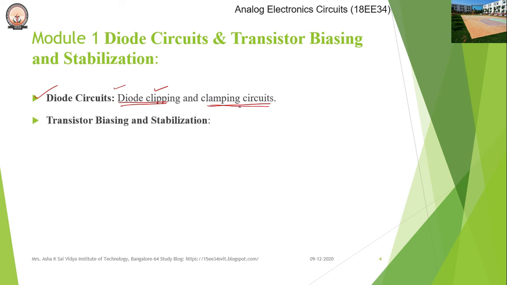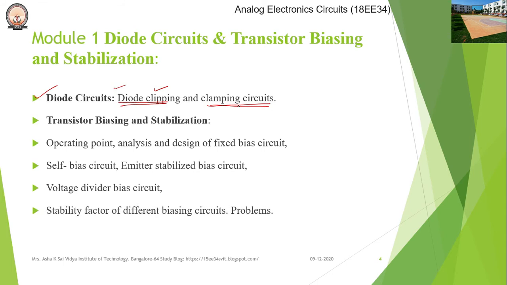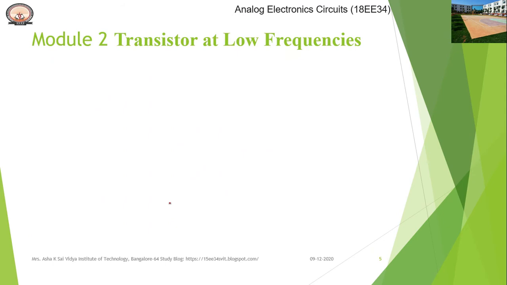In transistor biasing stabilization, we have analysis and design of different biasing concepts such as fixed bias, self bias, emitter stabilized bias, voltage divider bias, stability factor of different biasing circuits, and we also discuss certain problems related to the transistor biasing concepts. Transistor switching circuits is a small topic that we have in this particular module 1.